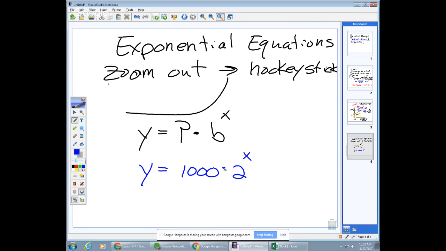Exponential equations, again, they're all about relative or percent change. And so this base, b, that's related to our percent change. And I'll show how right now. We did this yesterday. I'm just going to go over it again.